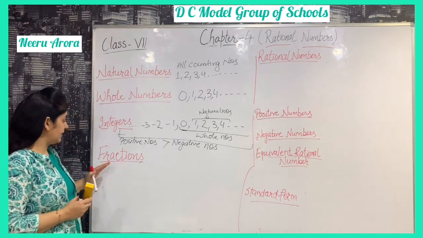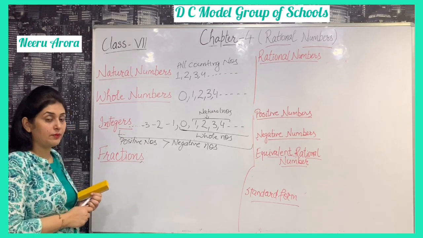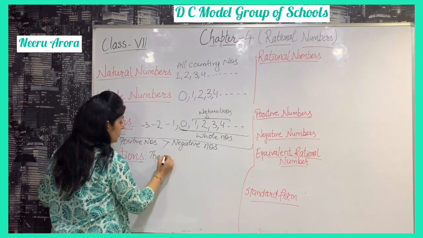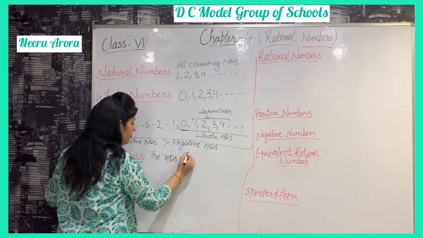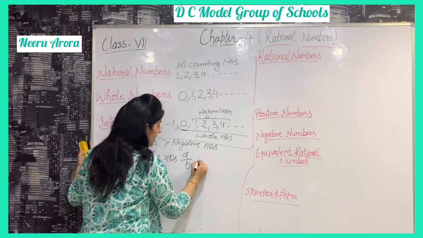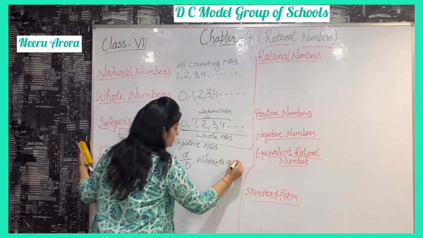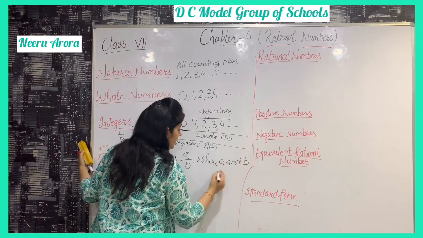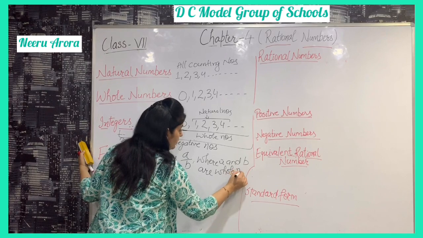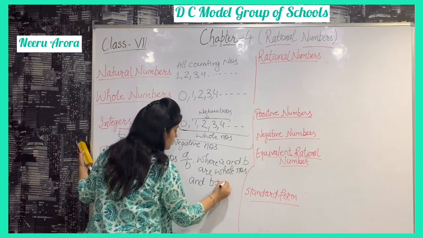Now look at this definition, fraction. This we have done in our previous chapter also. The numbers in the form of A by B, where A and B are whole numbers and B not equal to 0.